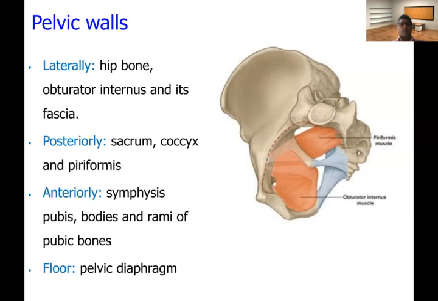Then anteriorly, you get the symphysis pubis and the bodies of the pubic bones on either side, and the superior and inferior rami of the pubic bones forming the anterior wall. Then the floor of the pelvic cavity is formed by what is called the pelvic diaphragm or the pelvic floor, which is attached across the internal obturator muscle like this. I'll describe that later.